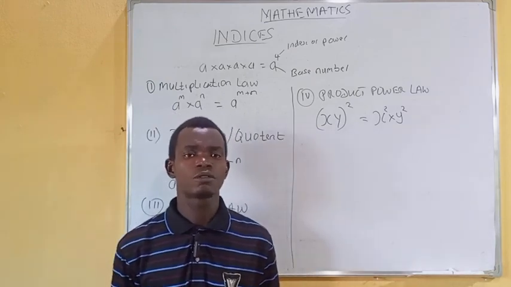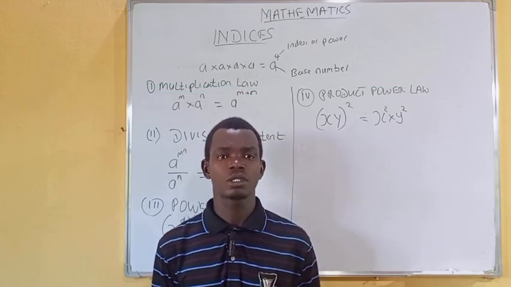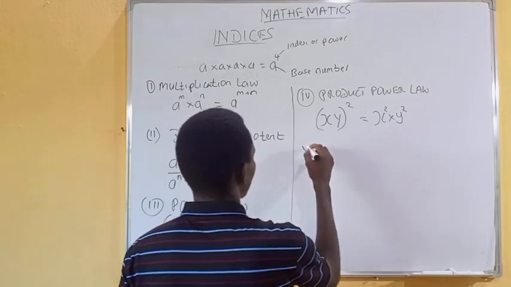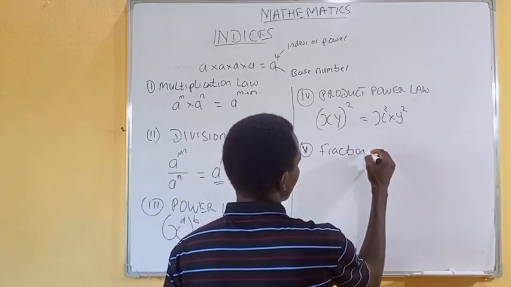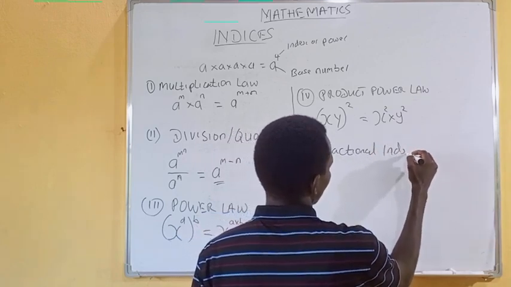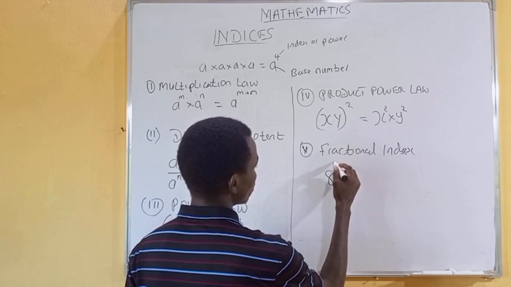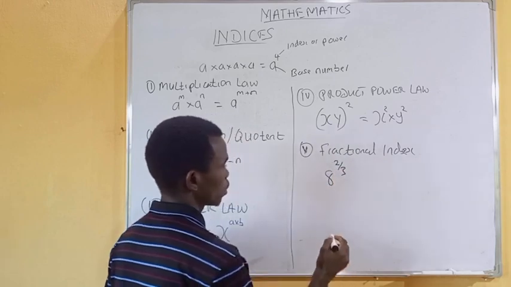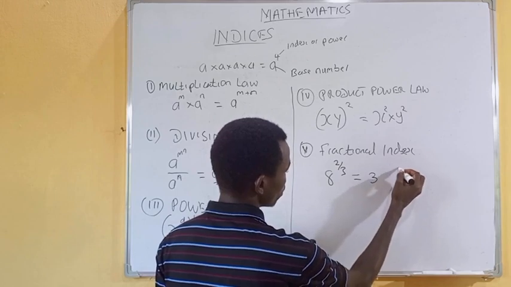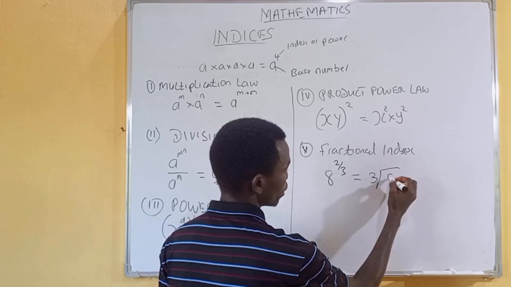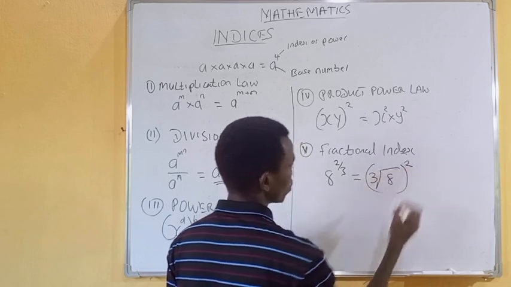The fifth law is the fractional index. This is where a number is raised to a power which is in fraction. We have 5, rational index. If a base number 8 is raised to power 2 over 3, this will be written as the denominator, which is 3, root the base number 8, all raised to power the numerator, which is 2.